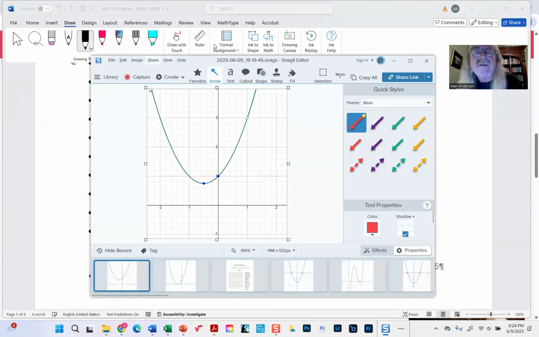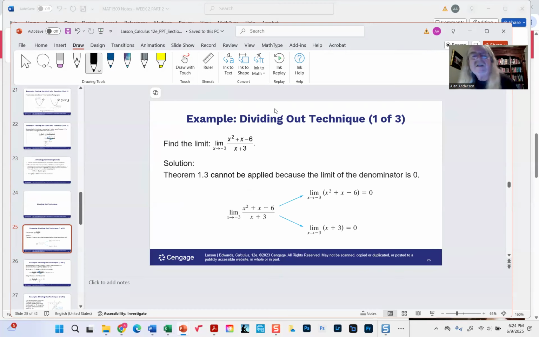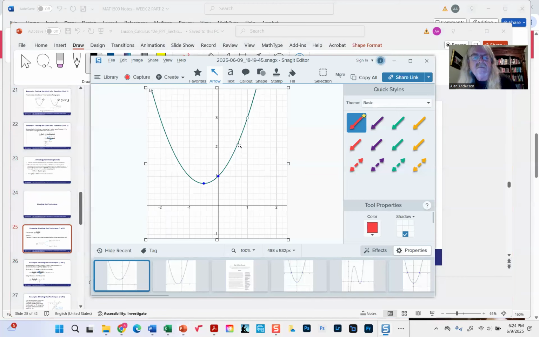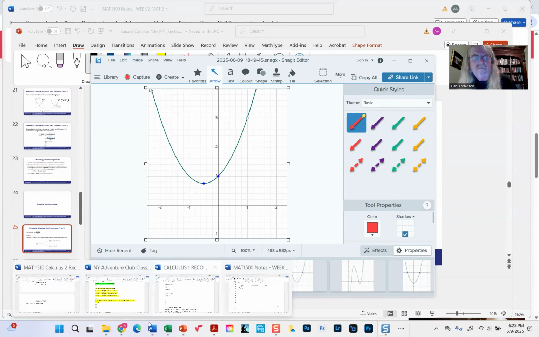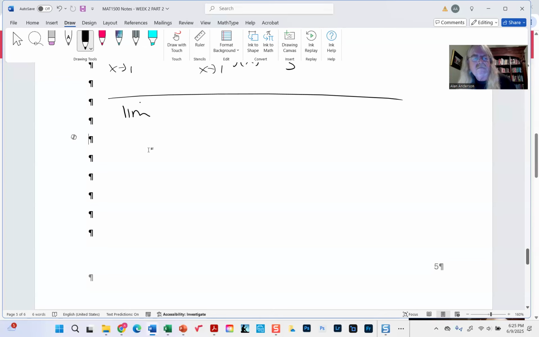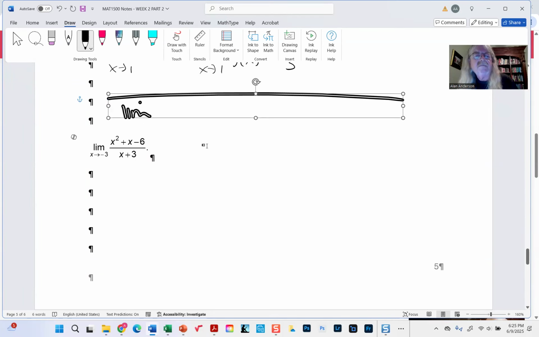So we'll start with this case. This will be our f of x. The limit is x approaching -3. I'll just copy this. There. Okay.